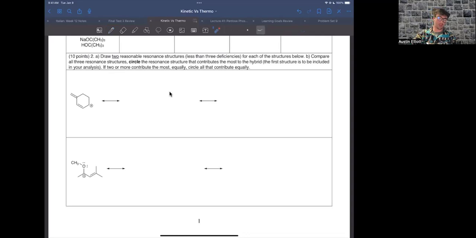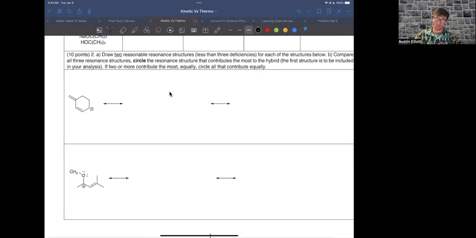So with these right here, we have a positive charge, and then we have a double bond. An easy move is what I like to call a door hinge. Just like that, we're able to move the double bond over there, and the charge is going to switch positions. So with our double bond, we door hinge it over there, and then that positive charge shoots around right there.